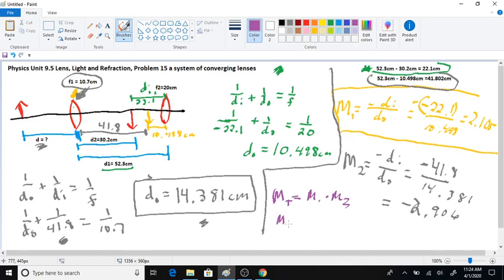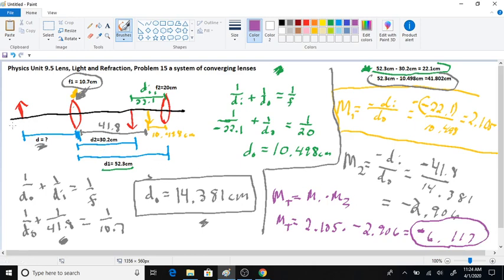So now is equal to 2.105 times a negative 2.906, which for me will equal negative 6.117. That is it. So from the original object to the last image, it will be 6 times greater and will be flipped down.